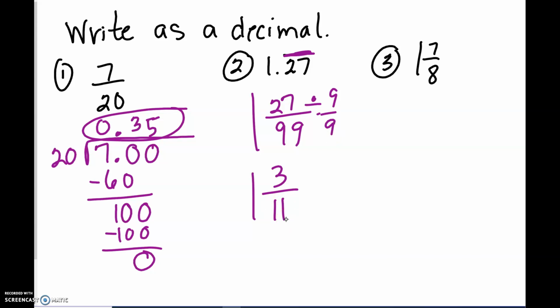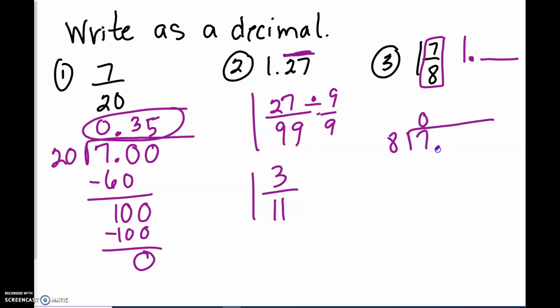All right, number 3. Sometimes this gets a little tricky for kids because it is a mixed number here. To write this as a decimal, this is going to be 1 point something. This decimal value is what we're going to get from the 7/8. So I'm going to take 8 out in front, and it goes into 7, which it doesn't.